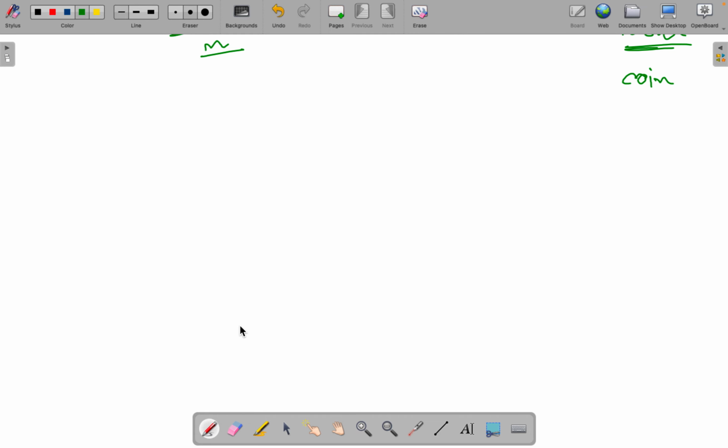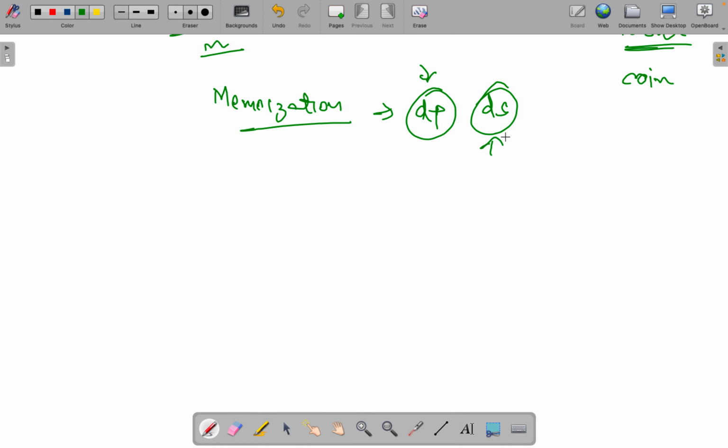Then how can we solve it? The first is memoization. In memoization we can simply use a DP. DP is nothing but a matrix, or we can say it is just a data structure. We can use any data structure to store the sub problem solution, and we can reuse it whenever we encounter it again. Another efficient method is top down DP.